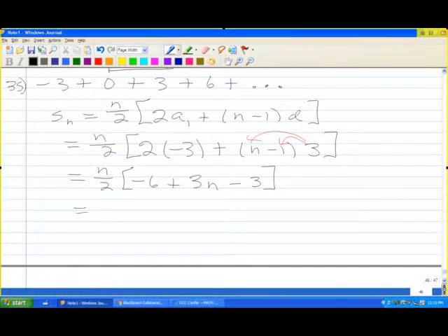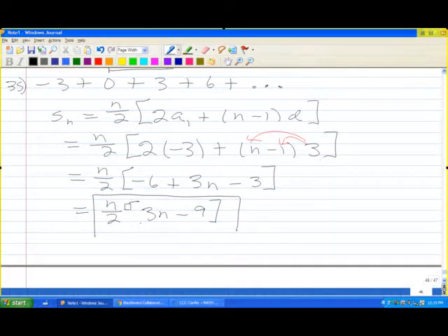And so this is equal to n over 2 times (3n minus 9). And that is your formula. Maybe I'll put regular parentheses. Okay? And so that's how you can find the sum of the first n terms.